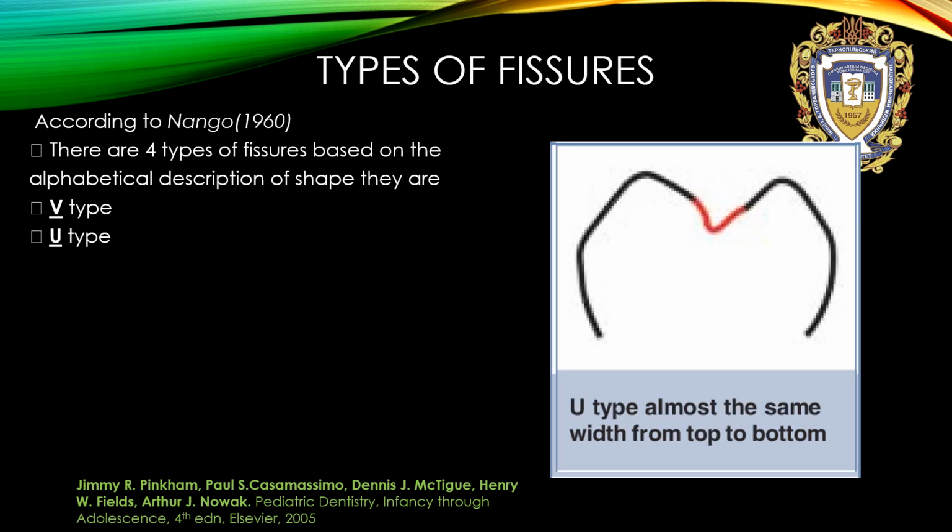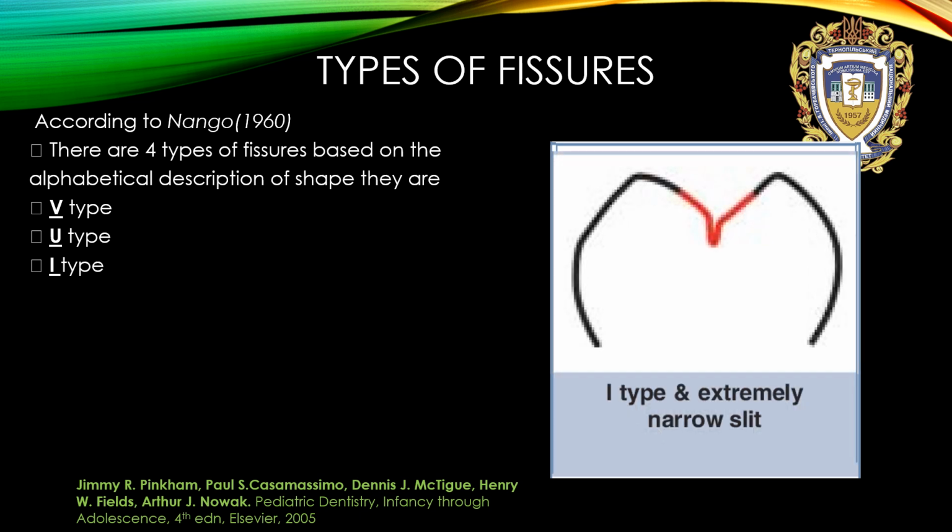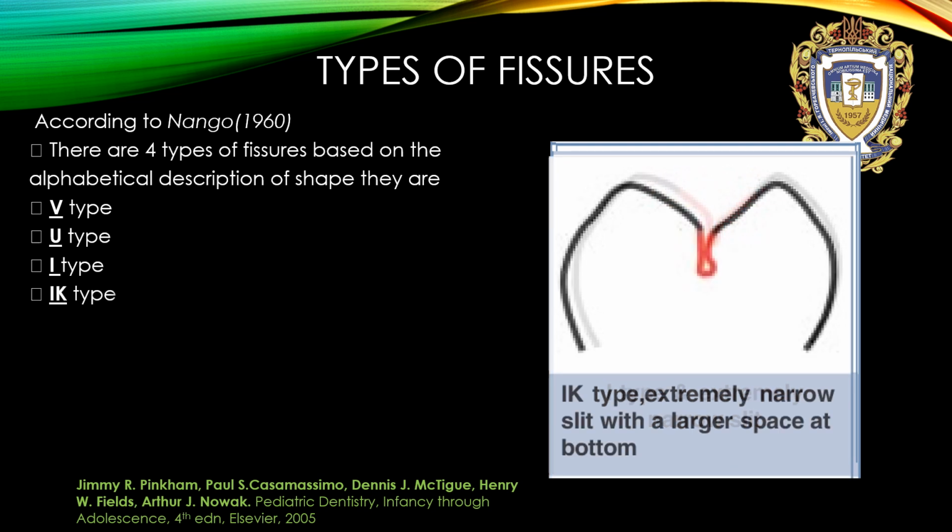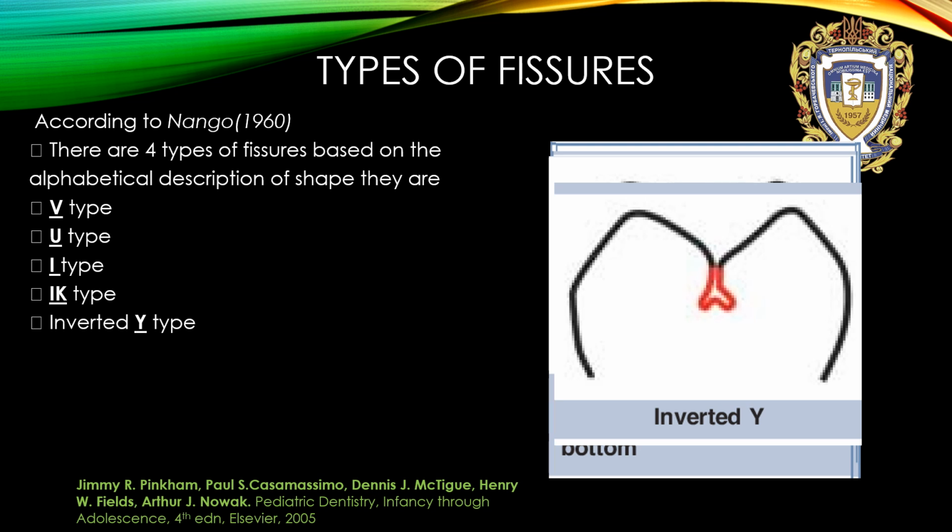U type, almost the same width from top to bottom. I type, an extremely narrow slit. IK type, extremely narrow slit with a larger space at bottom. Inverted Y type.